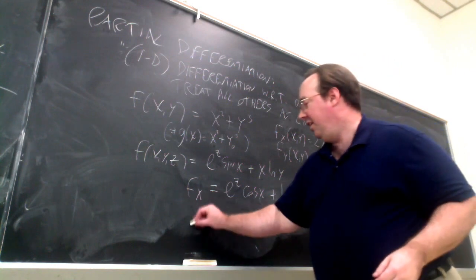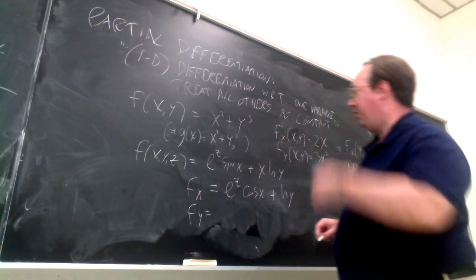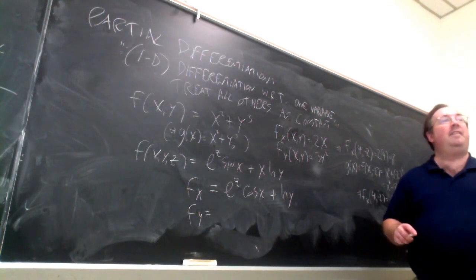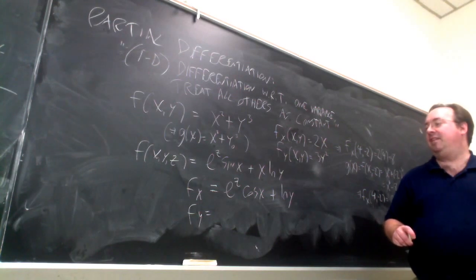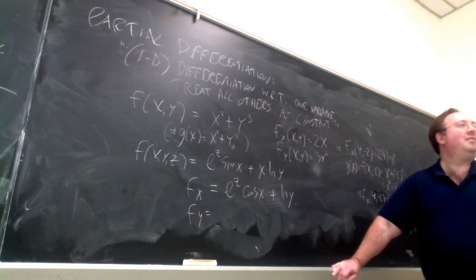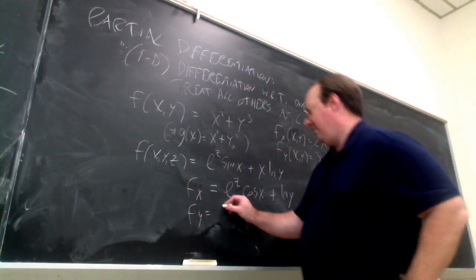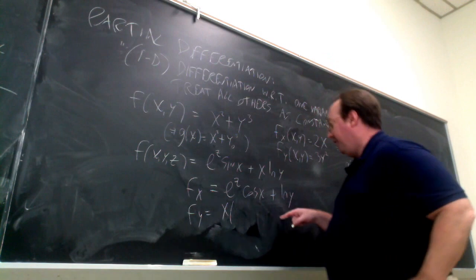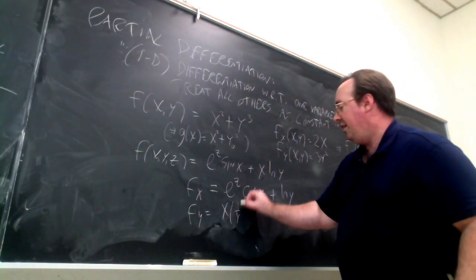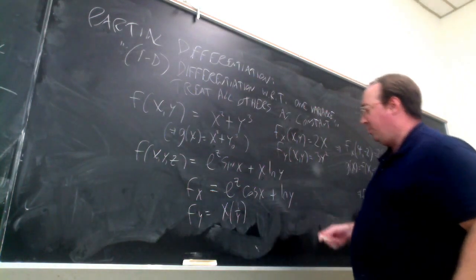Okay, good. What about with respect to y? X over y. Yes, because the x is sitting here as a constant. You're differentiating natural log of y, and that gives you 1 over y. So x over y.